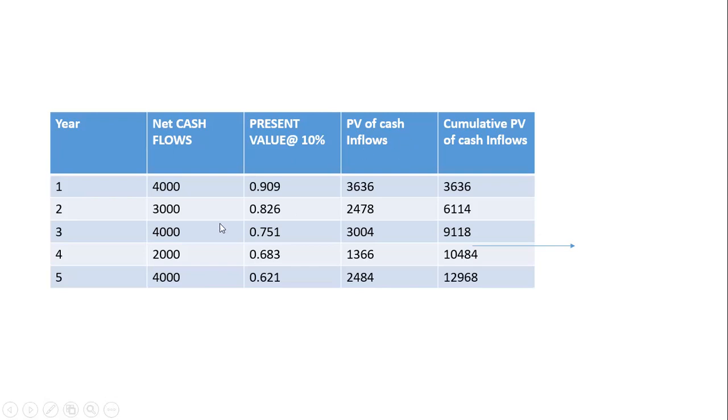And for PV of cash inflows, you multiply: 4,000 into 0.909, 3636; 3,000 into 0.826, 2478; 4,000 into 0.751, 3,004; 2,000 into 0.683, 1366; 4,000 into 0.621, 2484.